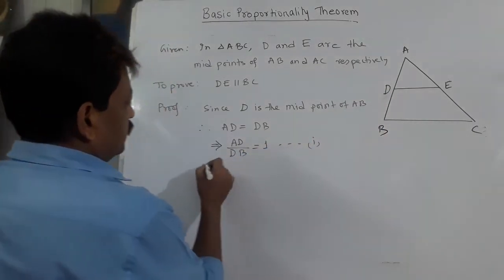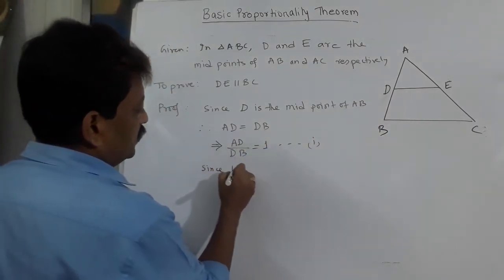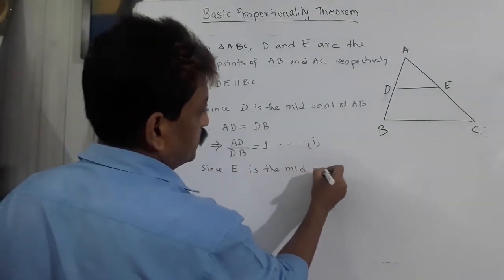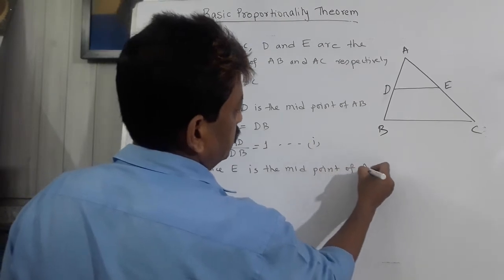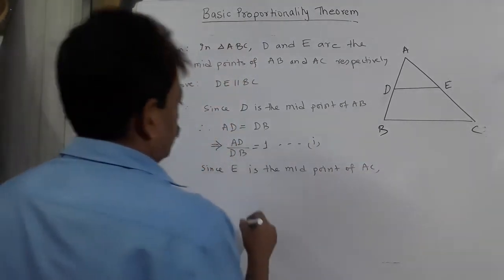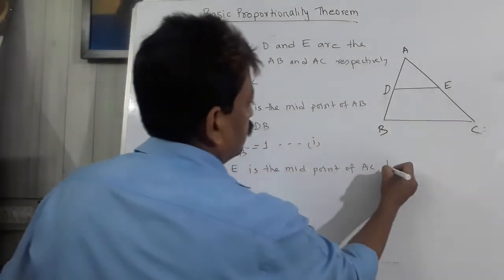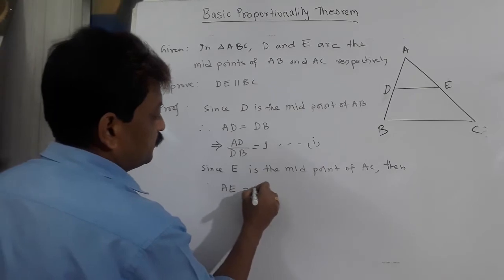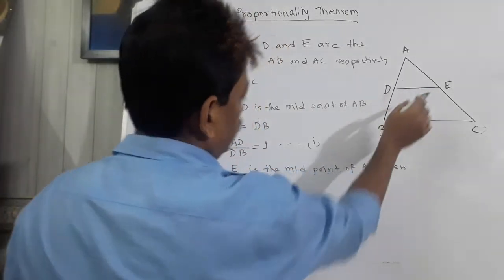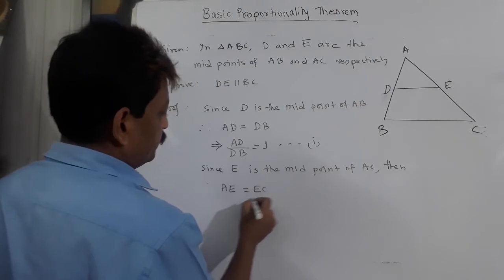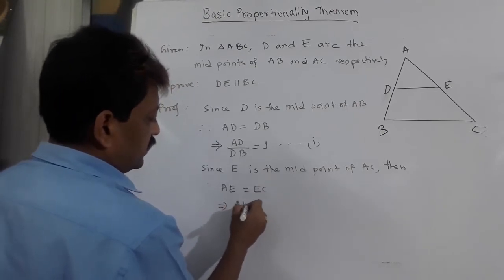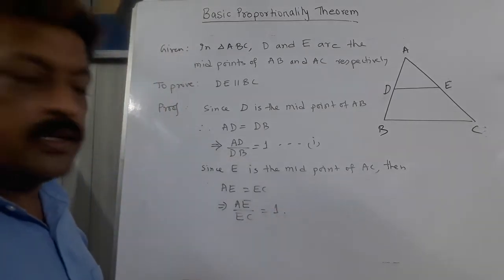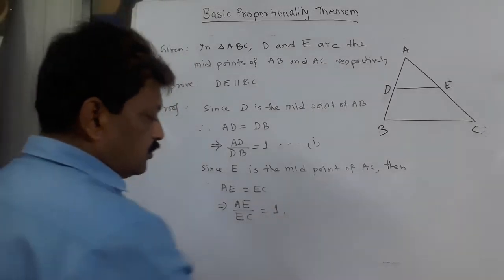Now the other side AC, since E is the midpoint of AC, then we can write AE is equals to EC. E is the midpoint, so these two parts are equal. So AE equals to EC, which implies we can write AE upon EC is equals to 1, dividing both sides by EC. So this is equation number 2.